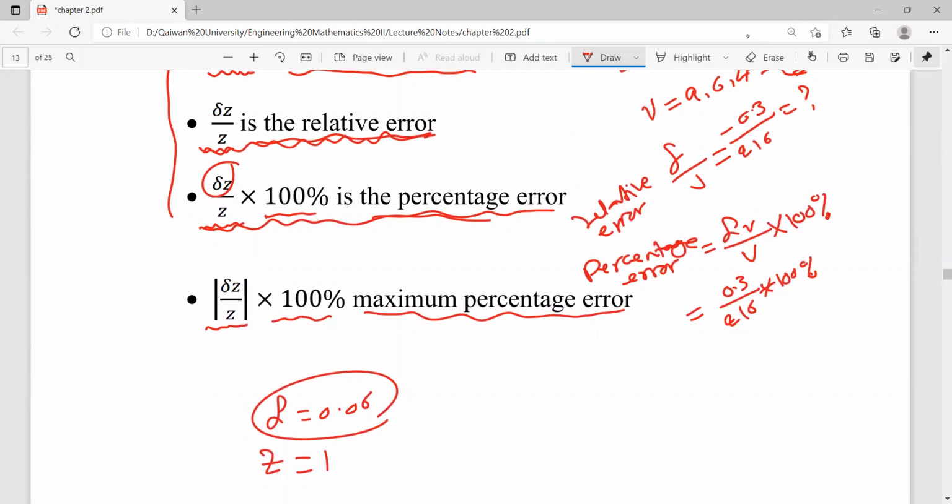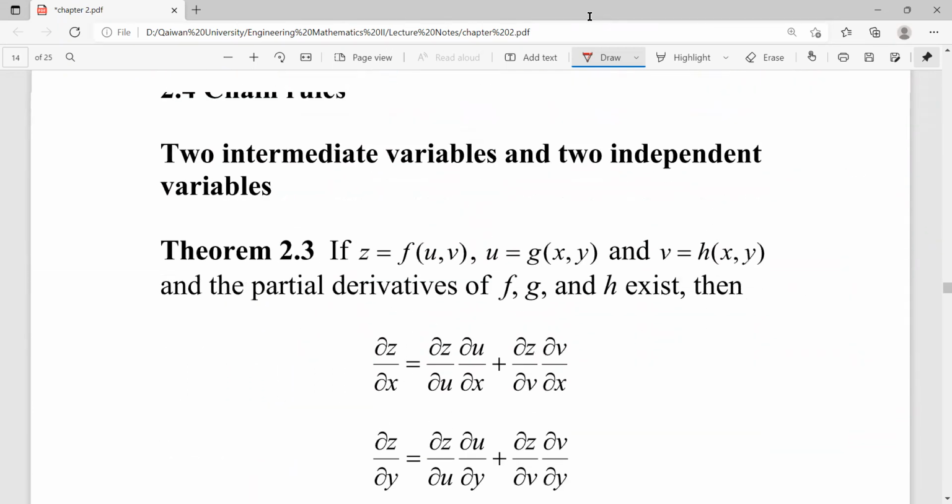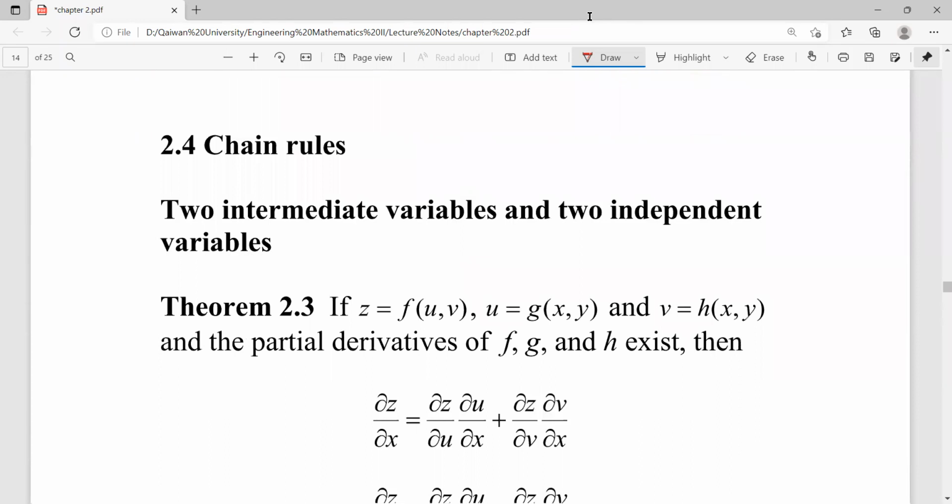Okay, now we have chain rules. If we have two intermediate variables and two independent variables, we say if z to be f of u, v, z is a function of u and v, and each of u and v are functions of x and y.